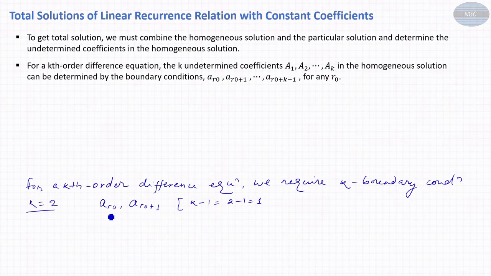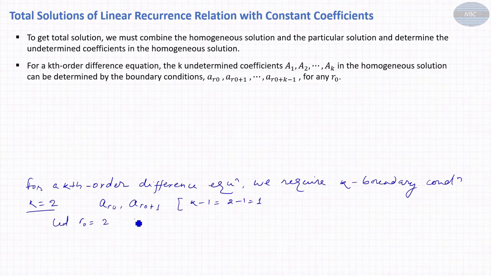So for the second order difference equation, we require two boundary conditions, and these are the boundary conditions for any r0. Let r0 be, suppose, 2.